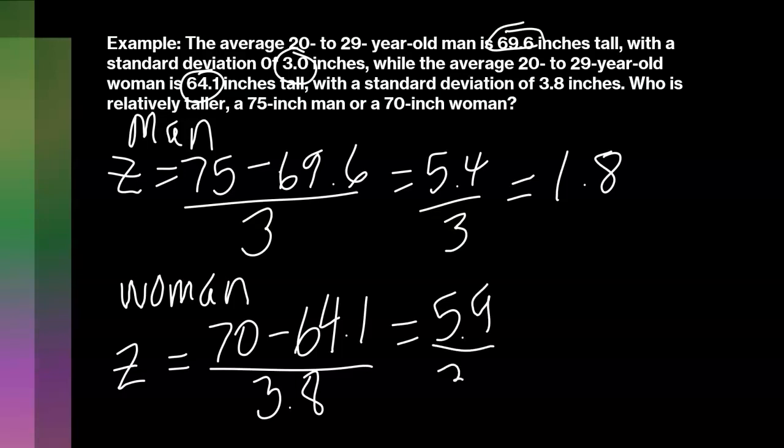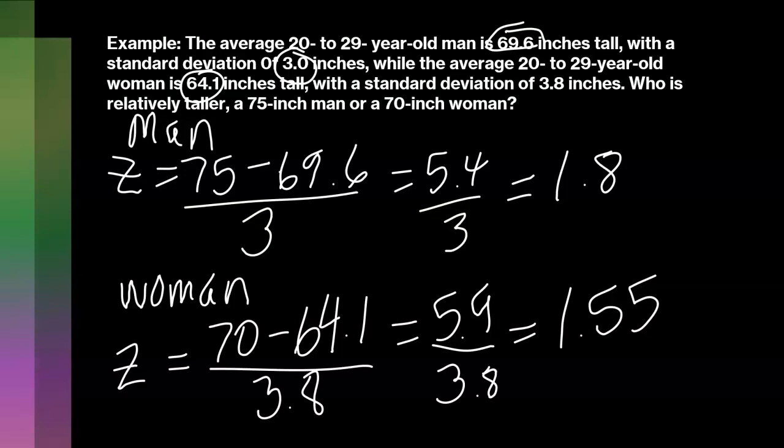And 5.9 divided by 3.8 gives us, rounding to the nearest hundredth, 1.55. So the z-score for the woman is 1.55, which means she is 1.55 standard deviations taller than the average height of a woman.